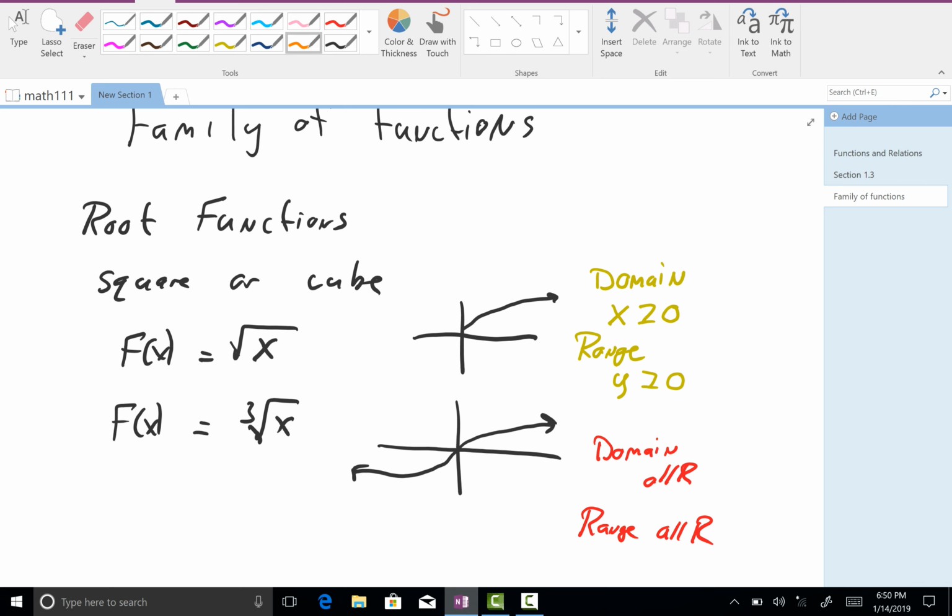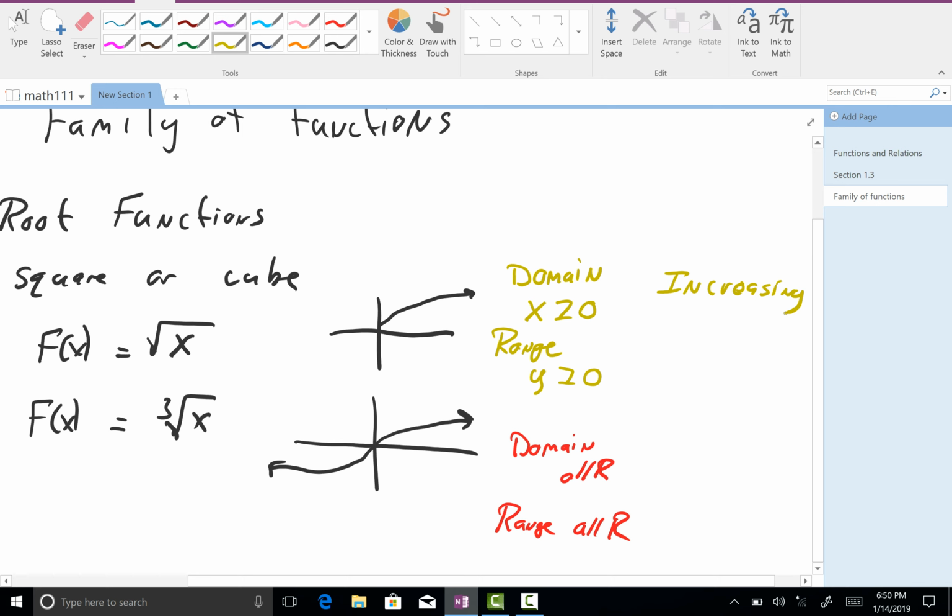I see that they mention the word, they say this function is increasing, which it is, because it's just going up, right? Like this. So it's just going to continue, so it just keeps going. Not very much, but a little bit. So we say that would be increasing from 0 to infinity.